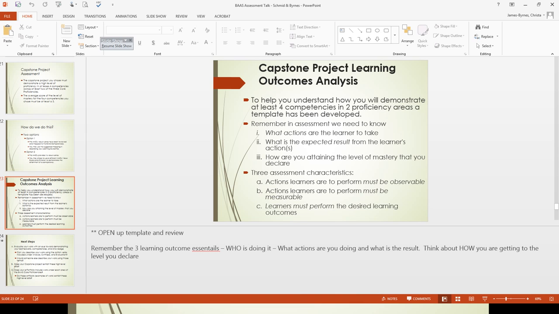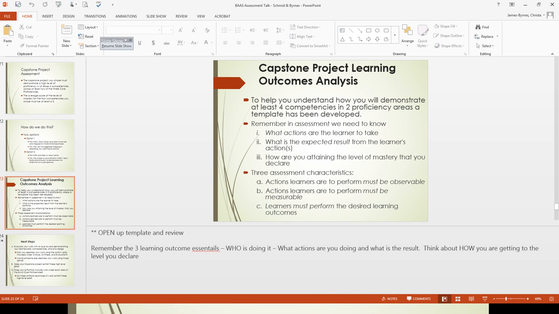Okay, so remember in assessment, they're looking for words that say actions and what are the results. And what you're going to do is be observable. So I am going to do effective communication by writing a 2-page brochure using business communication techniques to deliver this information. Okay, what level is that? Is that a 3?